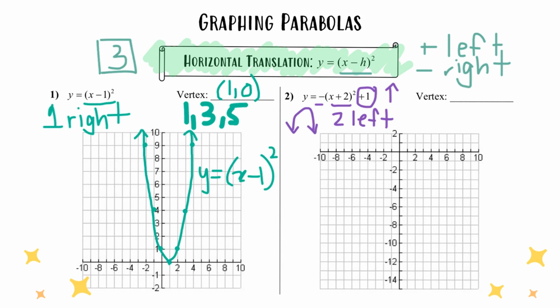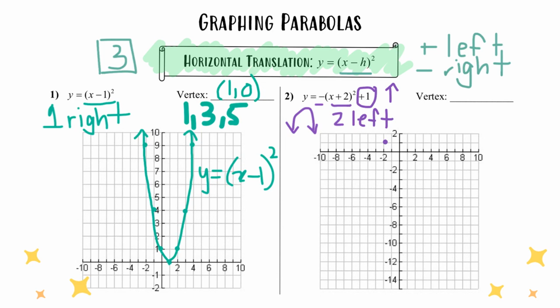So our parabola is going to be moving up 1. Always begin by figuring out the vertex. So usually we begin at 0, 0, but now our parabola is going up 1 and it's going 2 units to the left. So our starting point is going to be up 1, 2 to the left, right over there.